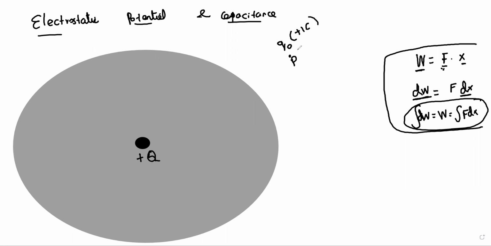The repulsion won't be that great because it is at a large distance from plus Q. But when you bring Q0 to some point R near plus Q, you are moving it from point P to point R.